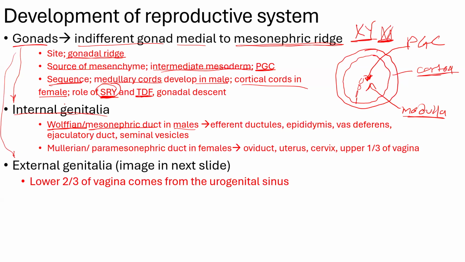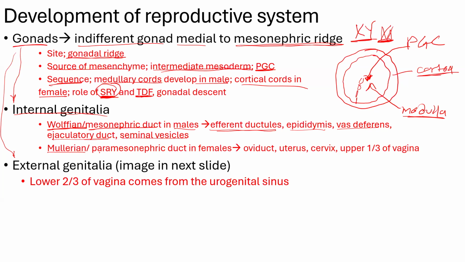So if one has now a testis, the Wolffian duct or the mesonephric duct will be retained, and it will undergo development to give rise to the male internal genitalia, and this includes the efferent ductules, the epididymis itself, the vas deferens, the ejaculatory duct, and the seminal vesicles. Please note that the prostate, despite being a part of the male internal genitalia, does not arise from the Wolffian duct.